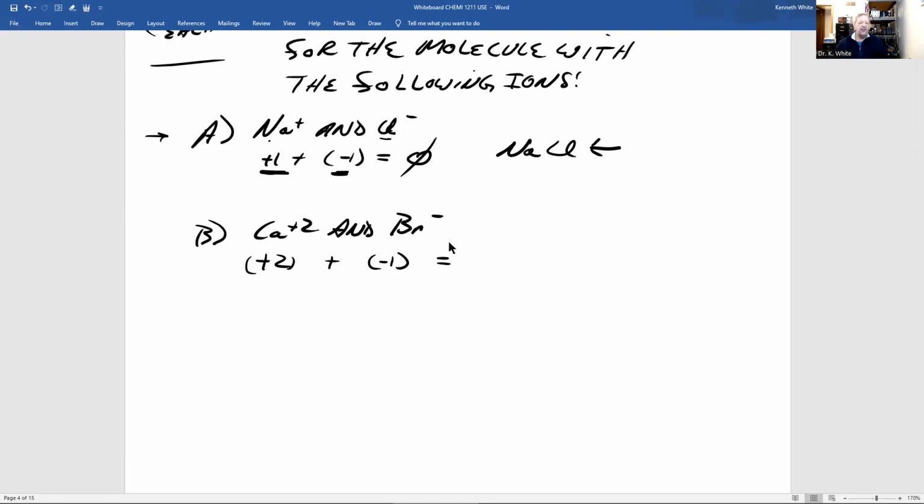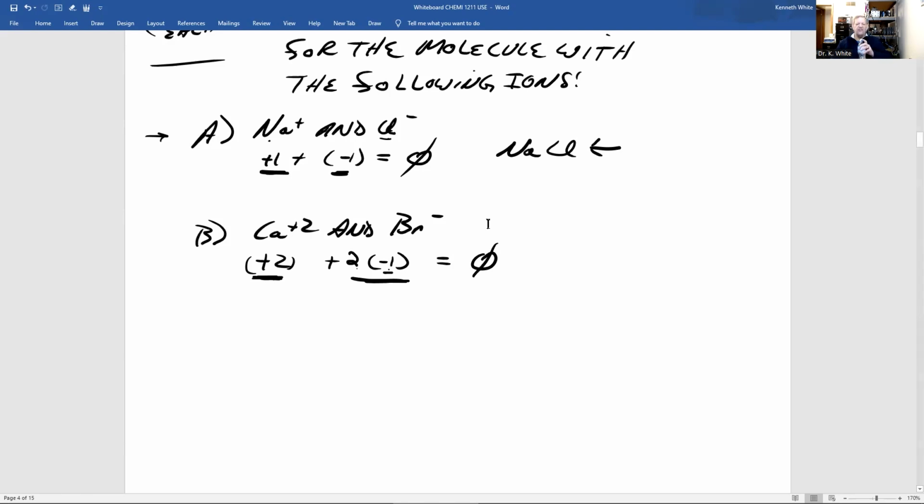No. Well, you cannot change the charge of the ion in element forms. You can't, but you can change how many you have in that molecule. If this is a +2, I need a -2. How do I get that? Multiply -1 times 2. So this would be +2. 2 times -1 is -2. Now this equals 0. Because remember, all molecules have a net 0 charge.